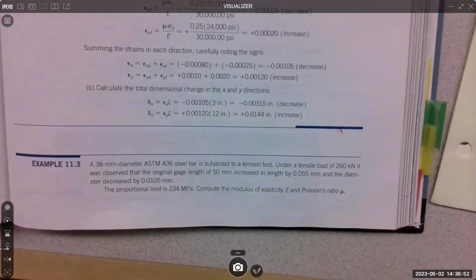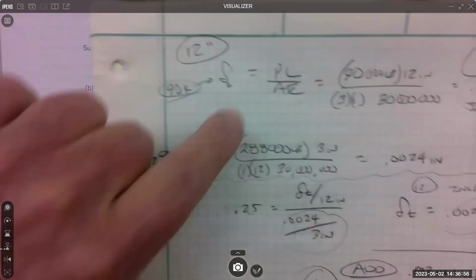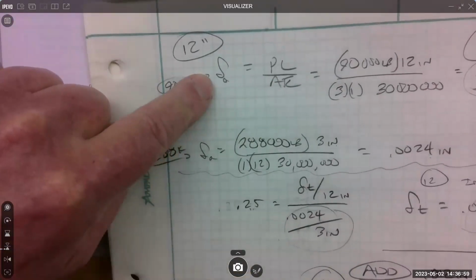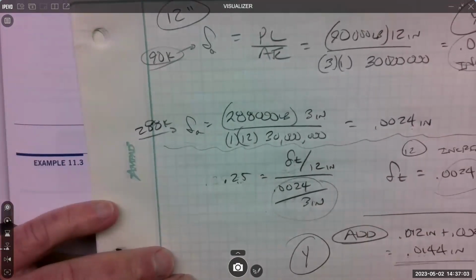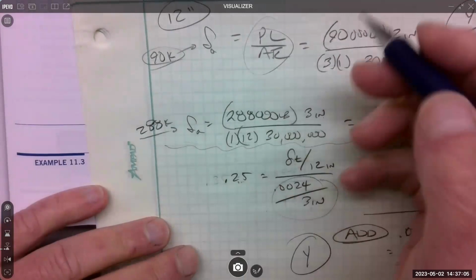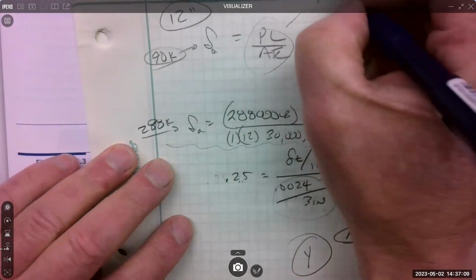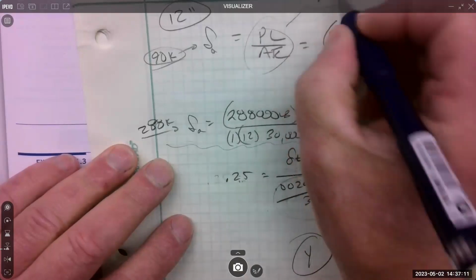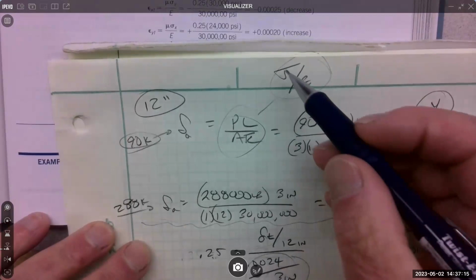So how they're doing it and how we are doing it is exactly the same. They're just using the stresses instead of this PL over AE to get this axial change. This is derived from stress over strain, which is what they're using. So it's the same combination, stress over strain.